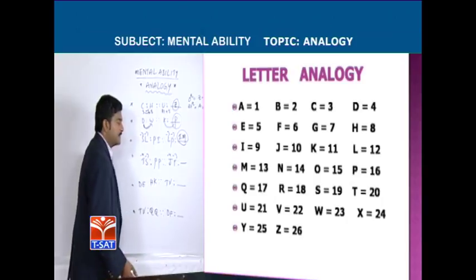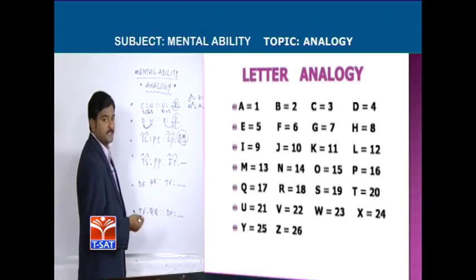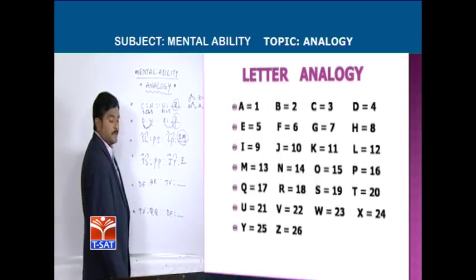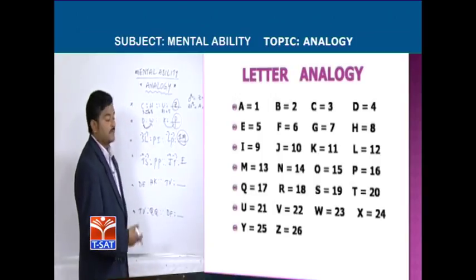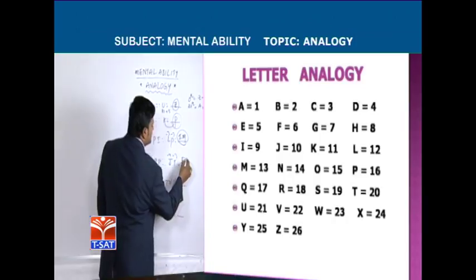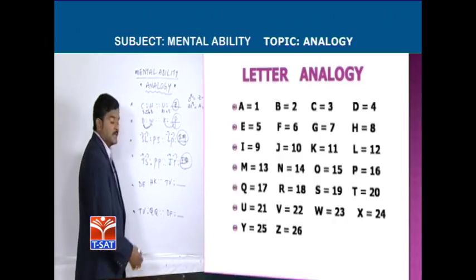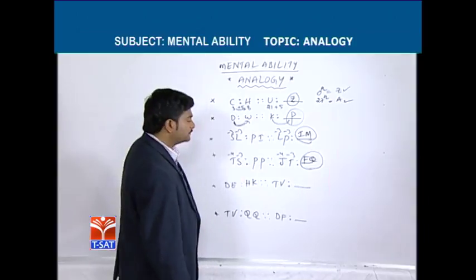J means 10, 10 minus 4 is 6, and the 6th letter is F. T means 20, 20 minus 3 is 17, and the 17th letter is Q. Hence the answer is FQ.